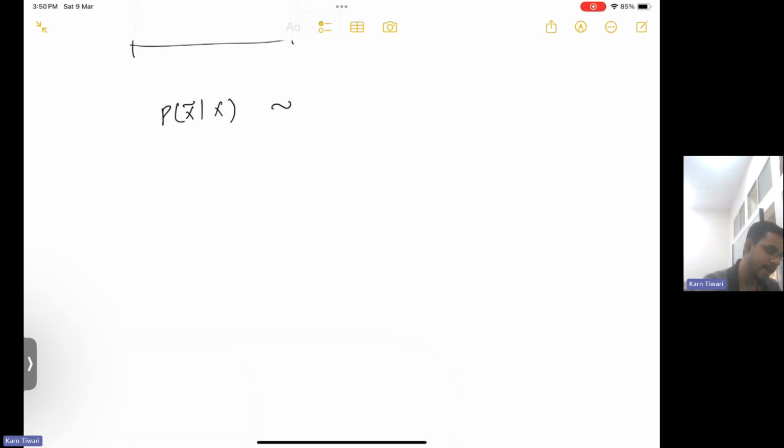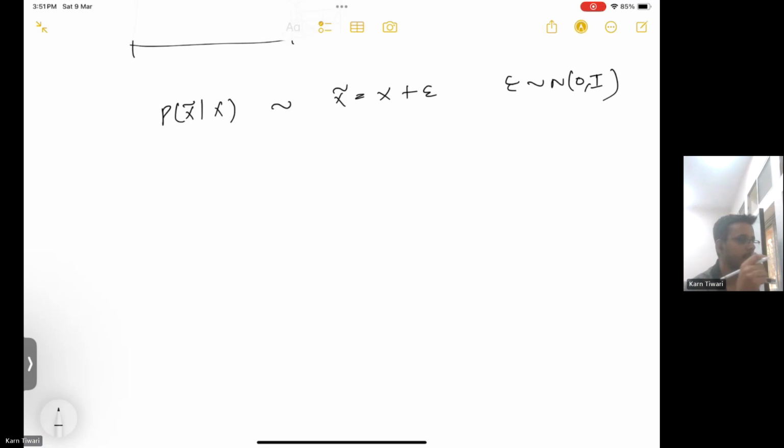Basically x bar is just x plus certain noise, where the noise is sampled from a Gaussian distribution of zero mean and unit variance. The purpose we saw was that the model should not memorize the exact same thing. When we add noise and ask the model to denoise it, then the model is learning something basically.